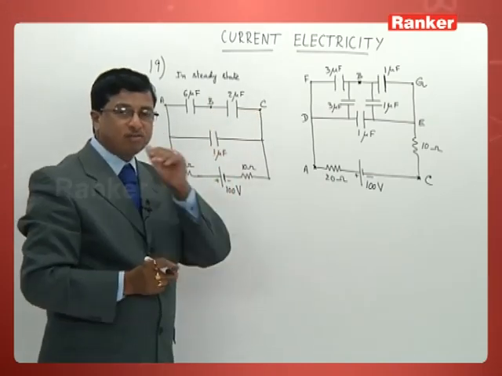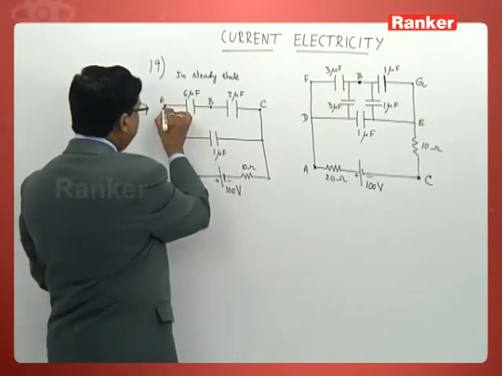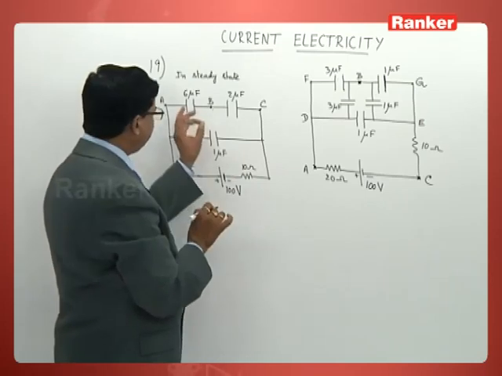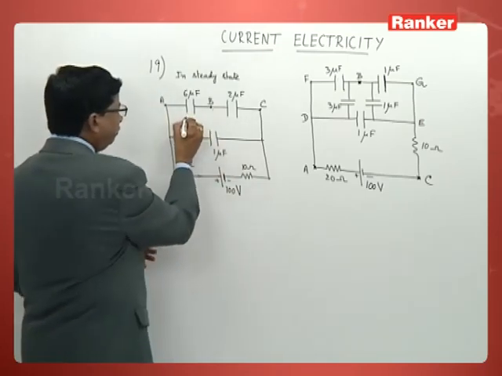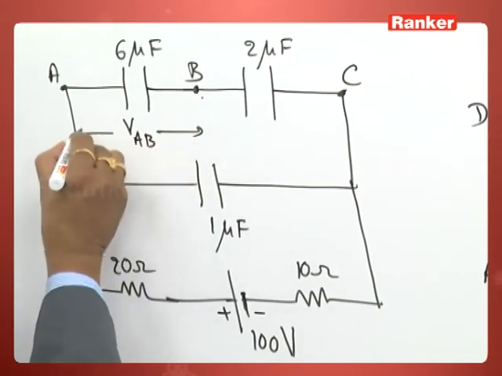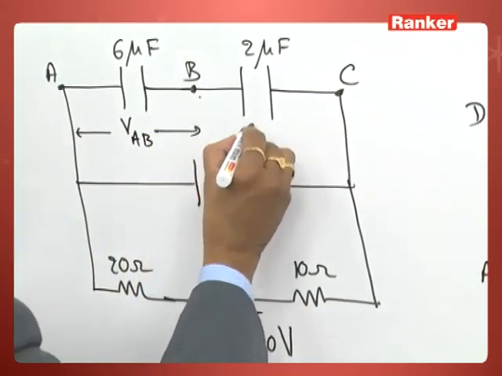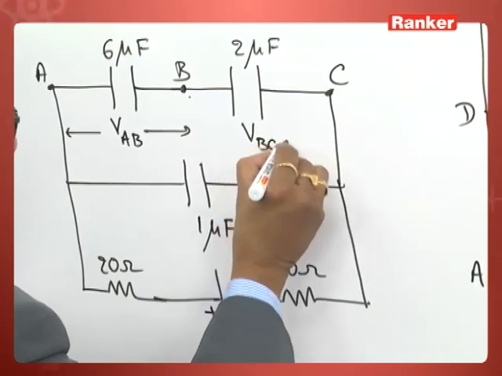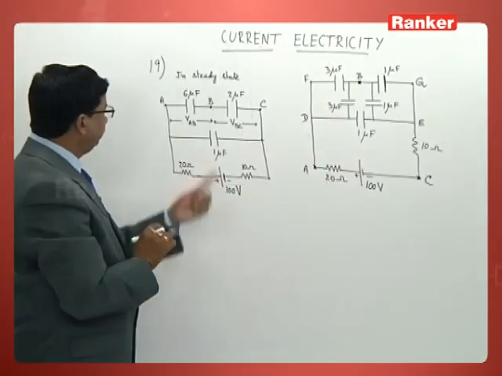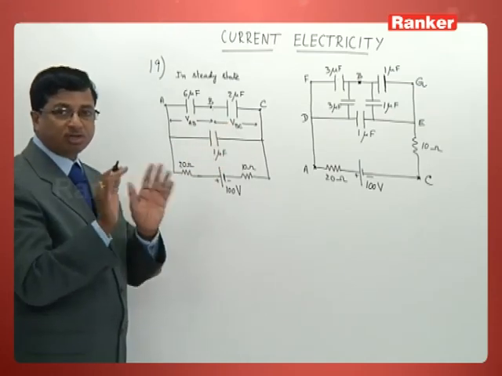That is the second question for us. Between A and B I want, B and C I want. Just look carefully, this potential difference I write VAB, this potential difference I write VBC. These 2 values we just want.